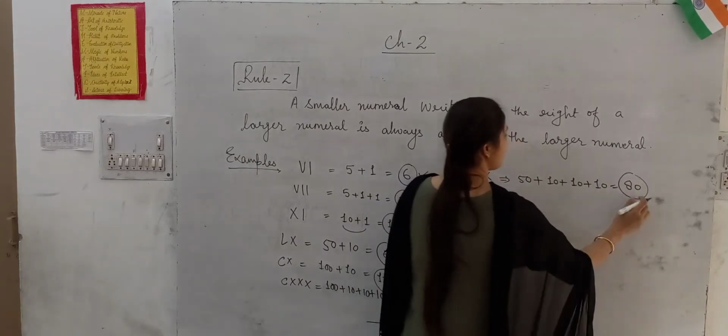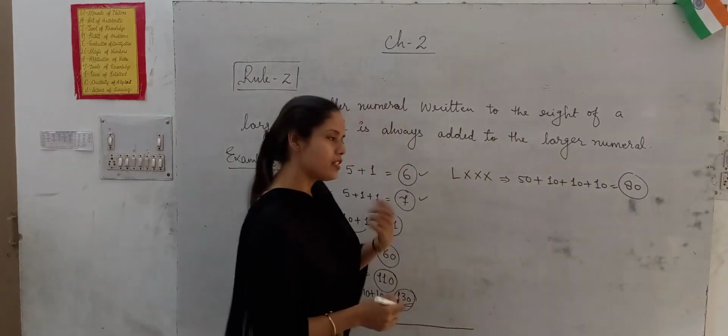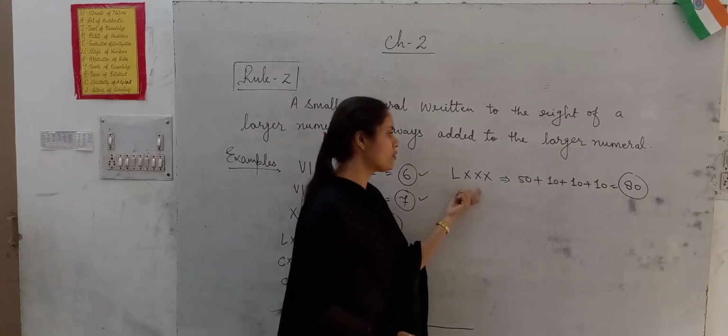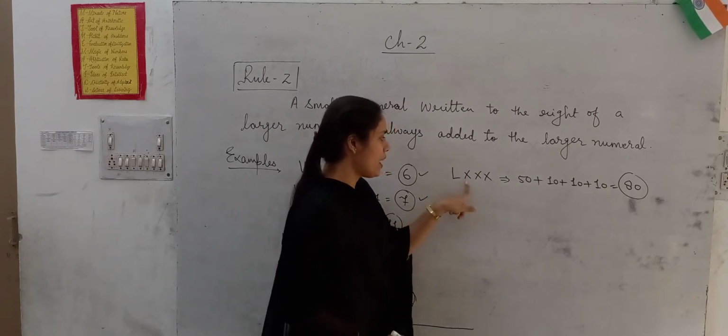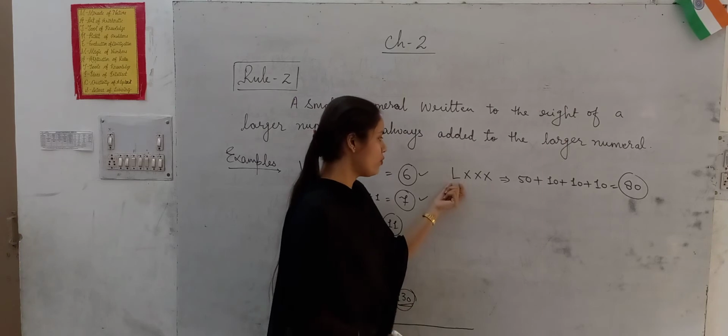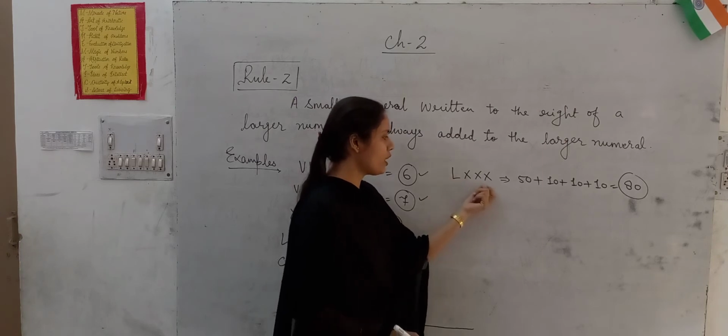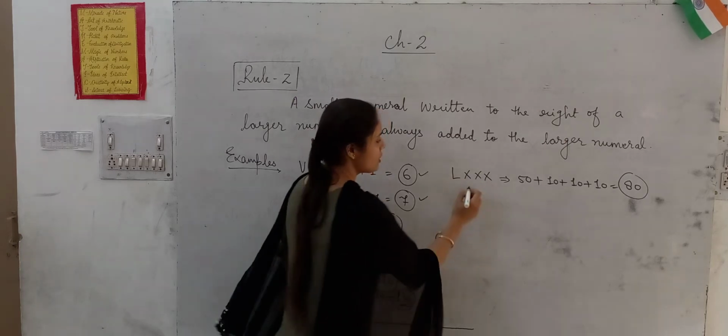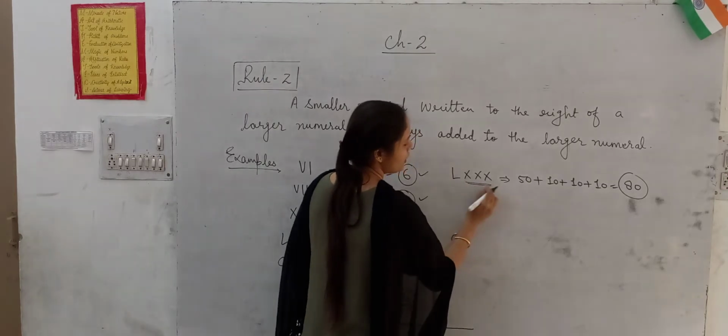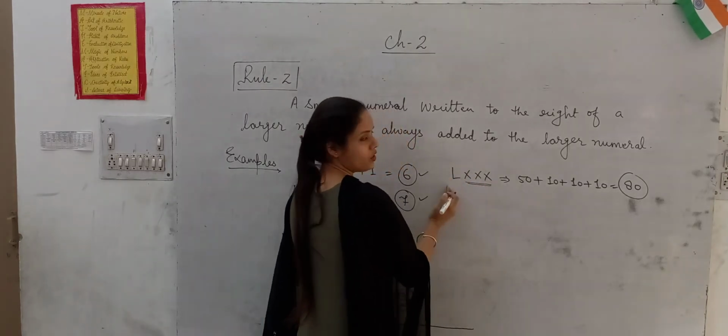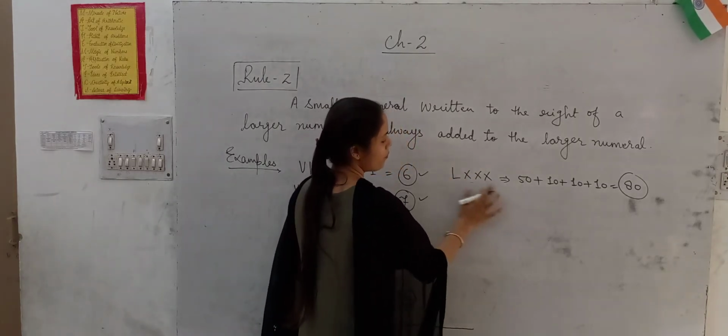So in Hindu-Arabic numerals we write 80, and in Roman numerals we write L, X, X and X: L for 50, X for 10, X for 10 and X for 10. These are smaller numerals and will be added to the larger numeral. Okay.